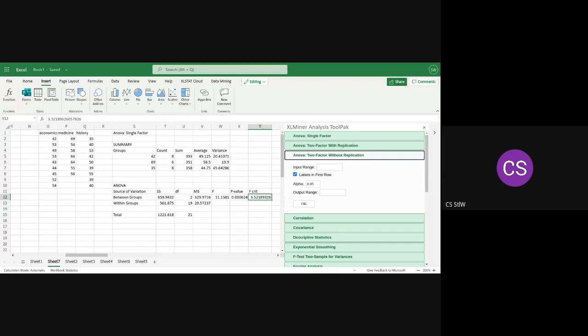So once you find the F, which is our Fisher's value, and you compare the two and find that your F is greater than the F critical, you'll say, okay, I reject the null hypothesis. And if the F critical was greater than the F value, you accept the null hypothesis. So I hope that is clear.